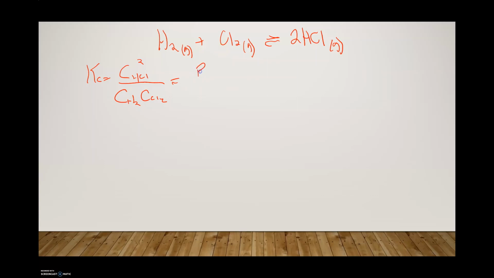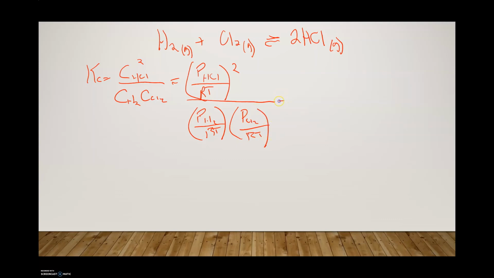So now we're going to apply the pressure. We're going to have the pressure of HCl divided by RT, all of that squared, divided by the pressure of H2 divided by RT, times the pressure of Cl2 divided by RT. And then we're going to pull these out.